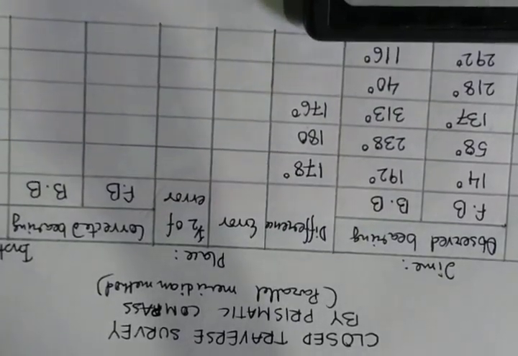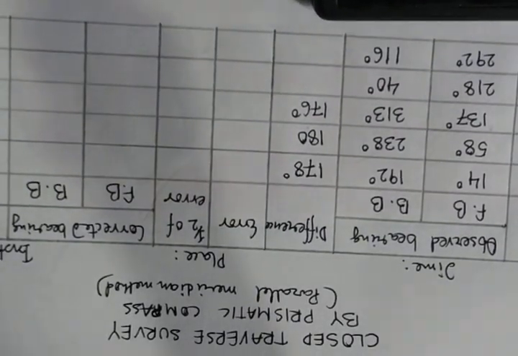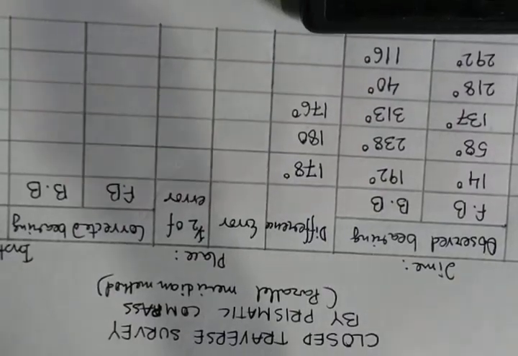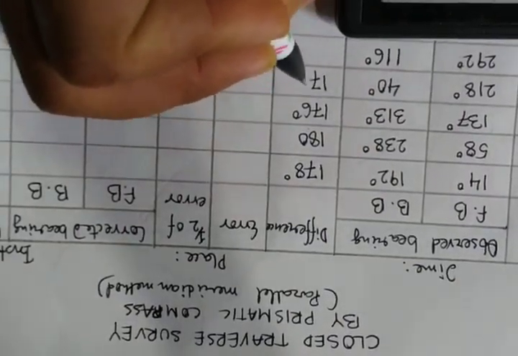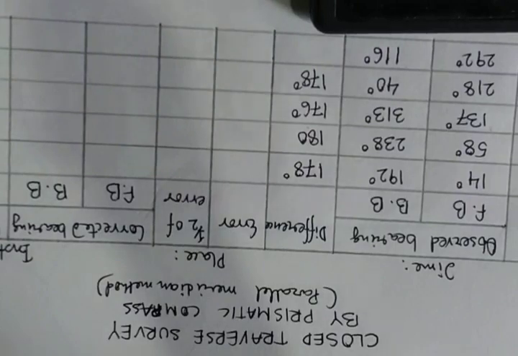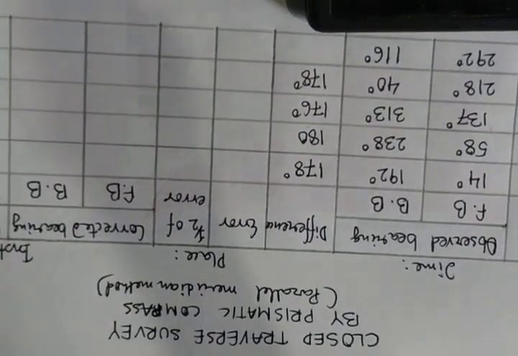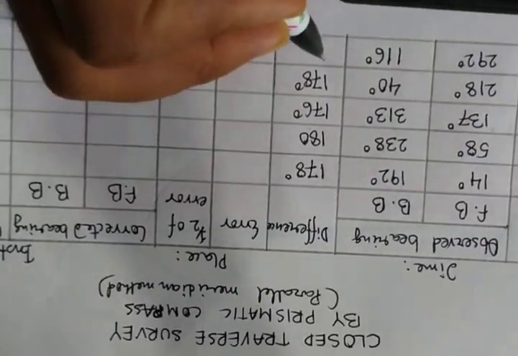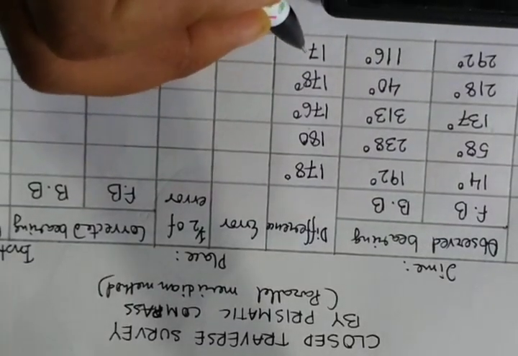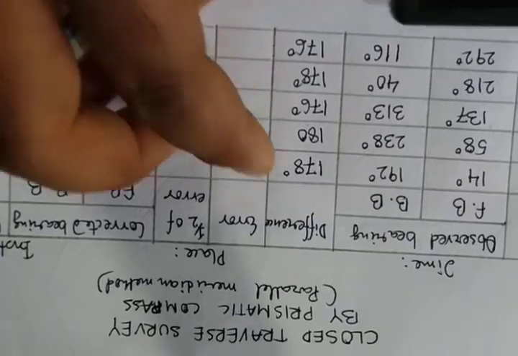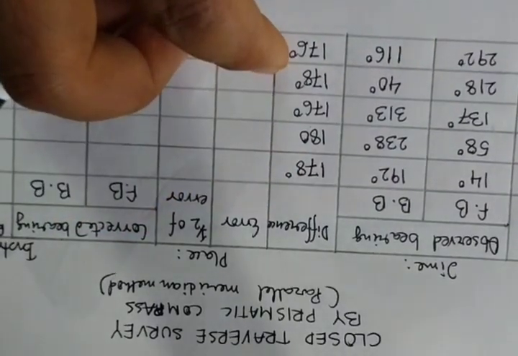And next is 218 degree minus 40 degree, so it will be 178. And the final one is 292 minus 116 equals 176 degree. So all these are the differences.